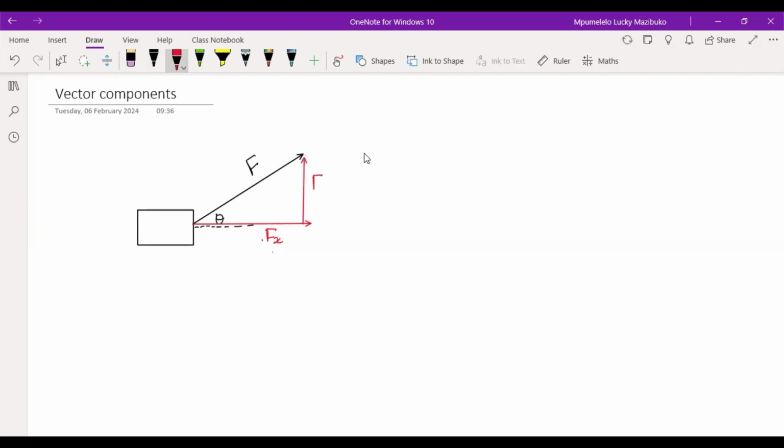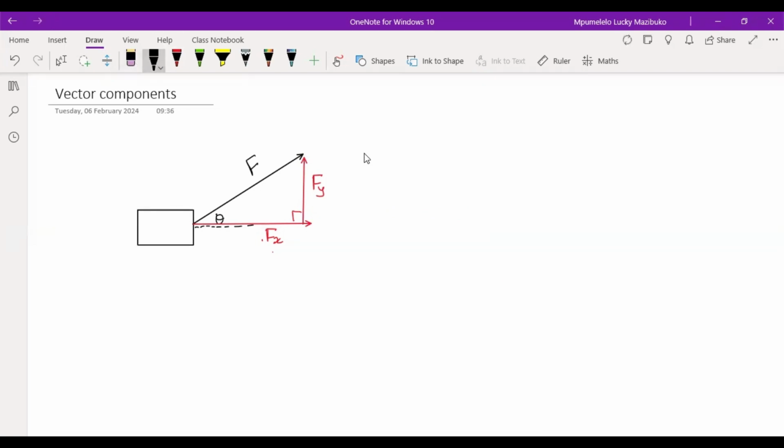Please note, these two are still perpendicular to one another. When fx goes in that direction and fy goes in that direction and they combine, they make this f that we are given. So we now want to work backwards and determine these particular components.